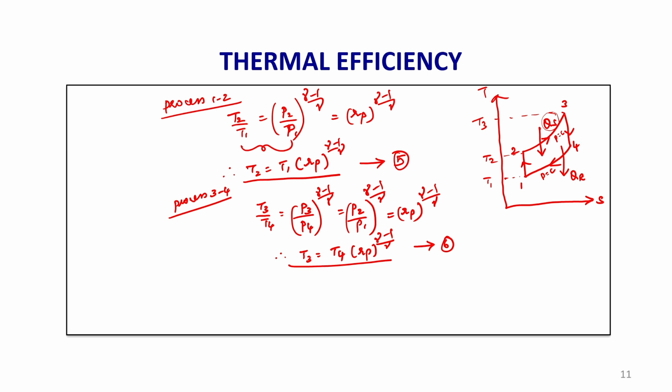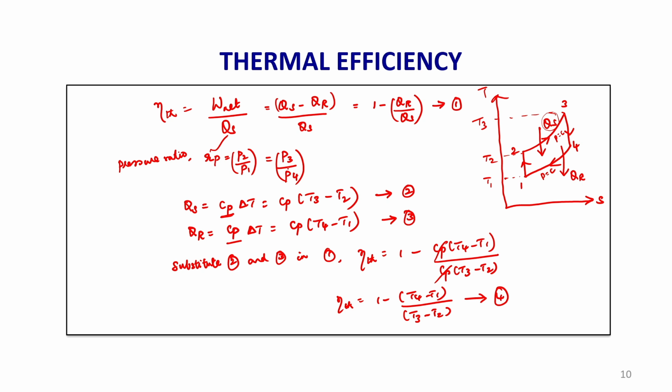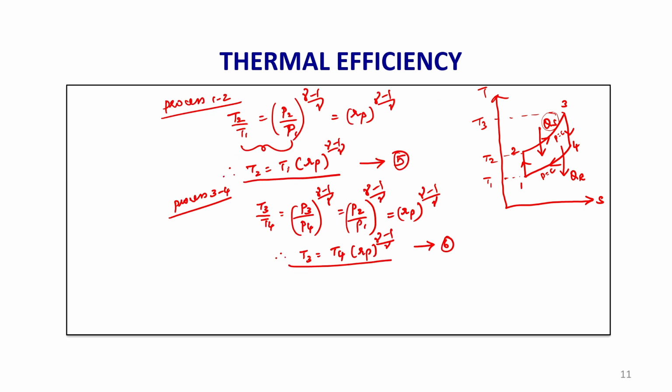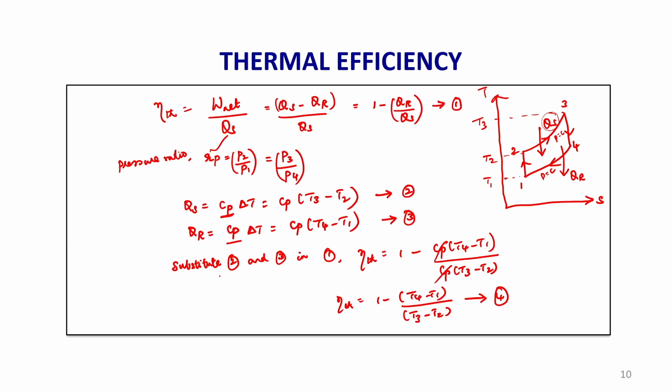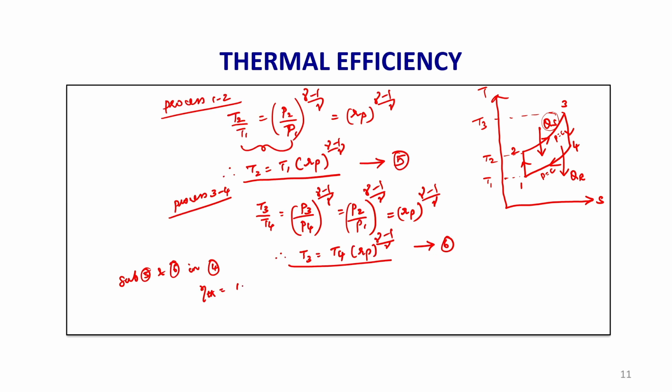Now T2 is in terms of T1 and T3 is in terms of T4. Substitute equation 5 and equation 6 in 4. So what is equation number 4? 1 minus (T4 minus T1) divided by (T3 minus T2).